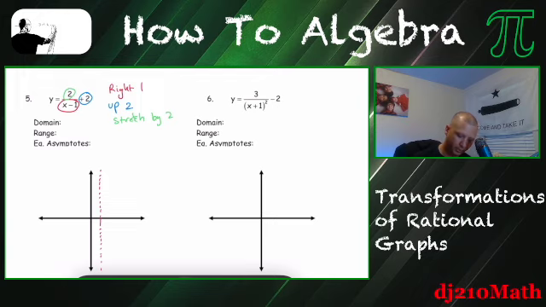We're going up 2. So 1, 2. All right. There's a branch here, and then there's a branch here.